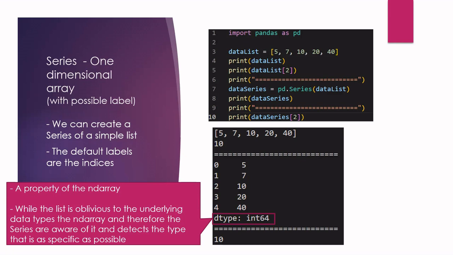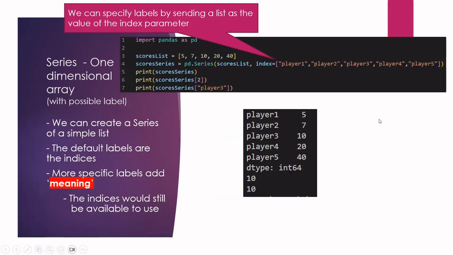If we want to add meaning, because it is possible to get confused when you have just numeric indices, like location-based references, we can replace the numeric indices with more meaningful indices by sending a list of these labels in the parameter called index.